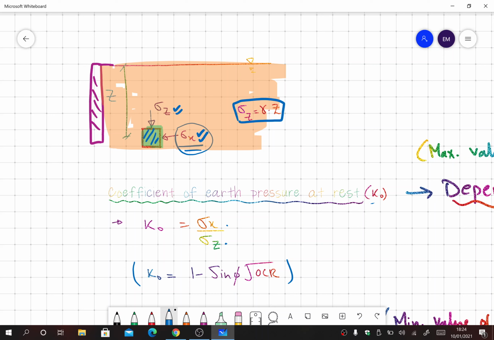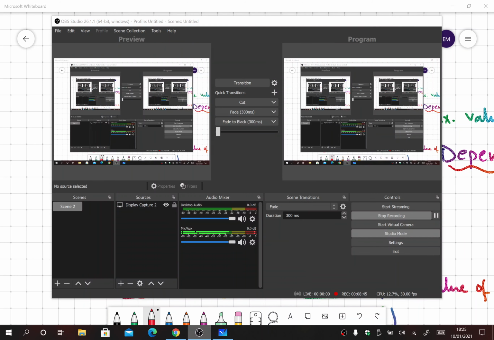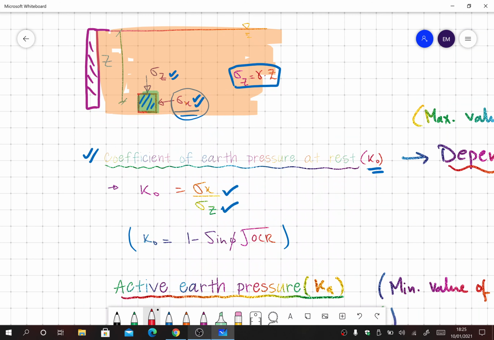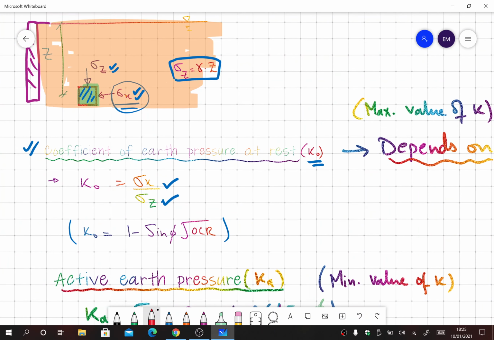According to Rankine, there is one thing called the coefficient of earth pressure at rest. It is indicated by K naught, and it is equal to sigma x over sigma z, that means horizontal stress over the vertical stress, and this is for a natural situation. In the natural process of deposition, once the soil was deposited in history, at that time the soil was in a K naught condition, or an at rest condition.